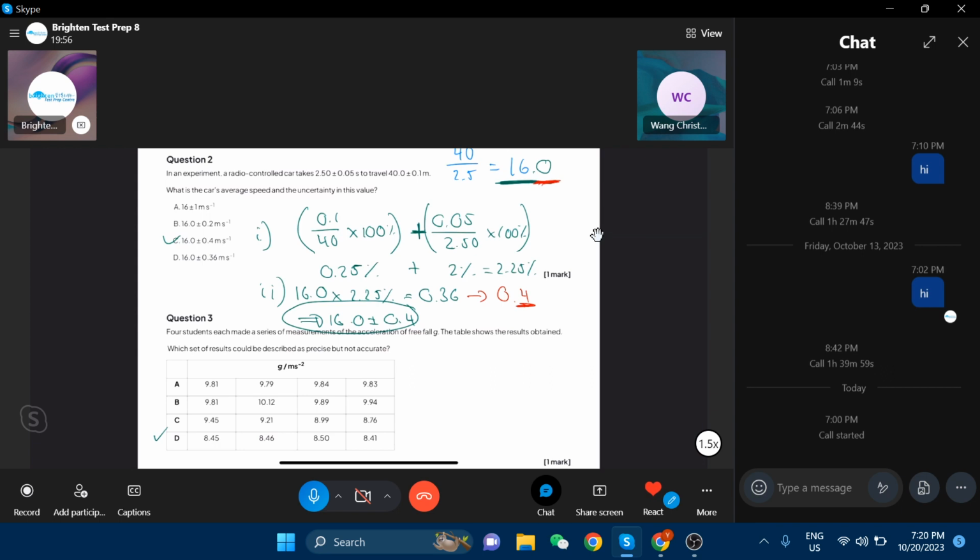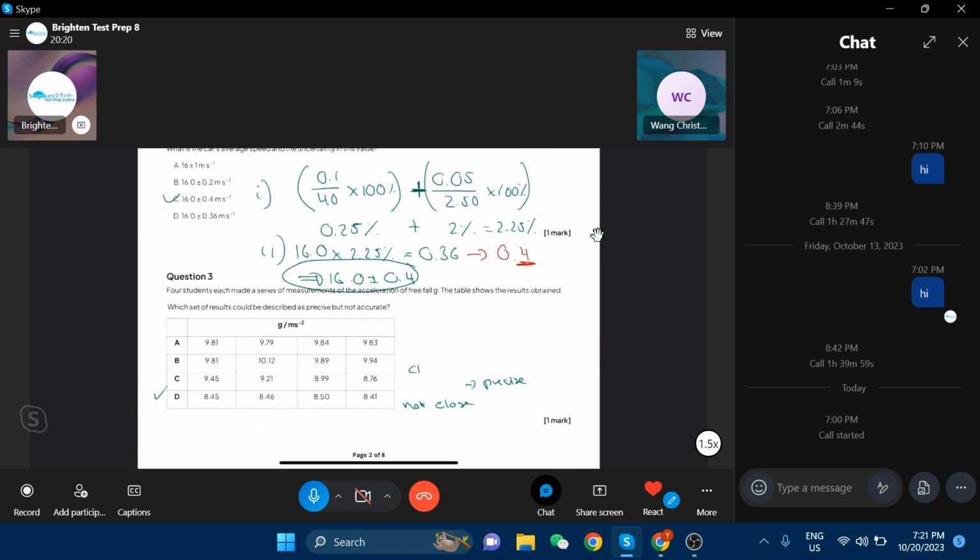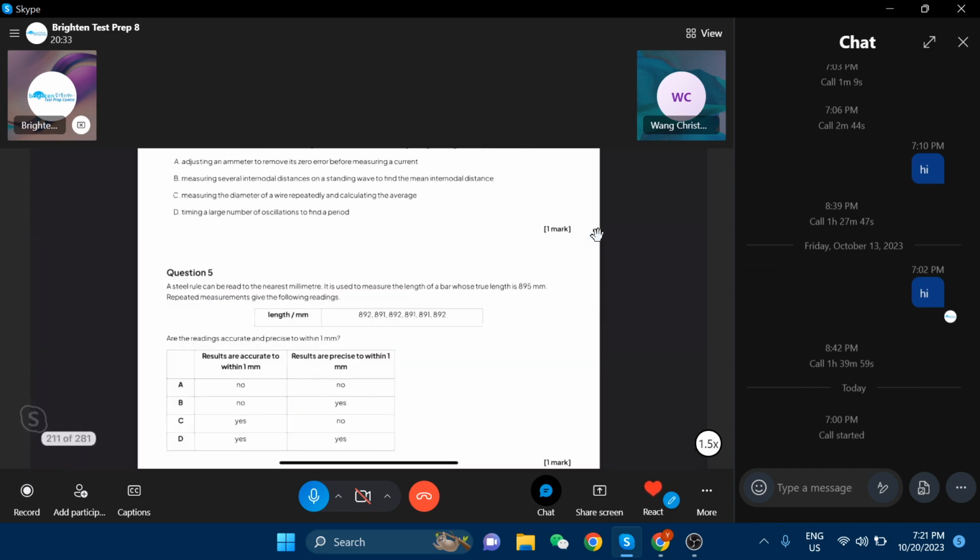Because the values are all very close together, so it's precise. But it's not close to the actual 9.81, so it's not accurate. Exactly. So close to each other, but not close to the real value. So not accurate. Okay, good. That was a shorter one.